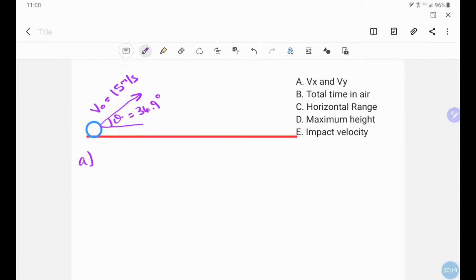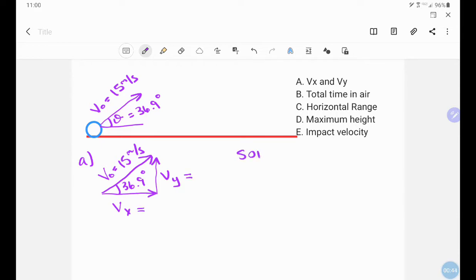So Vx is the horizontal component of velocity, so I'll redraw this. We have V initial, which is 15. We have Vx, and we have Vy here, the angle, 36.9 degrees.